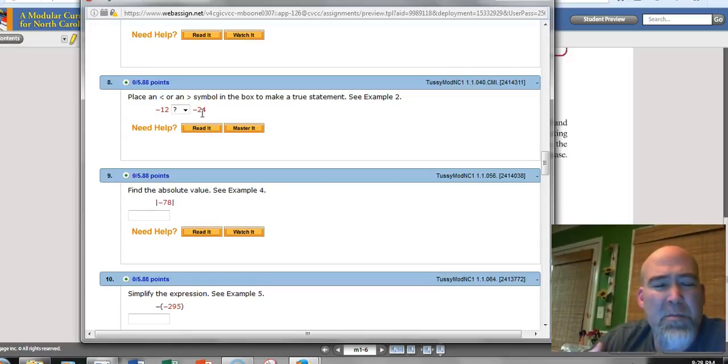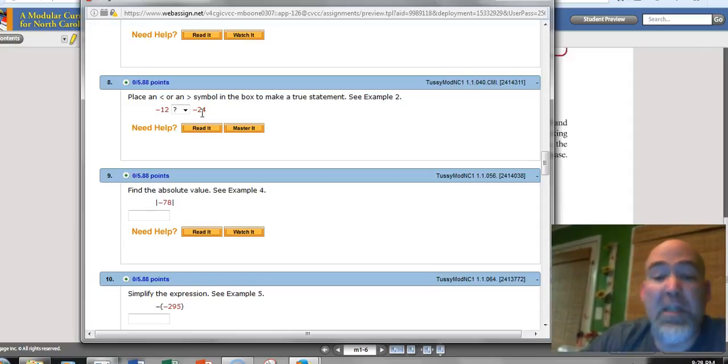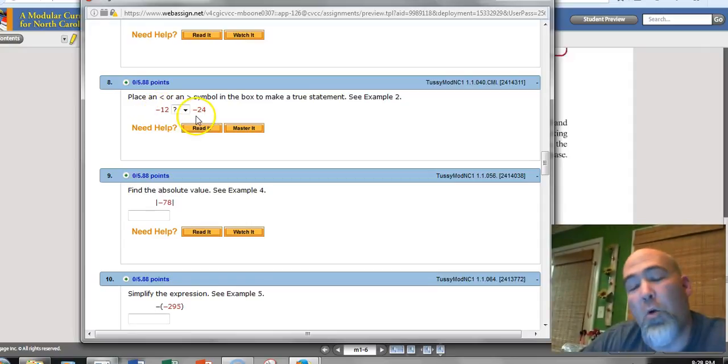Sometimes in the beginning I like to think money, since we're dealing with nice integers. What is more desired: owing someone $12 or owing someone $24? Again, if I had a preference, I would rather owe someone $12. And just make sure your inequality is going the same way. So this one I would have a greater than symbol.